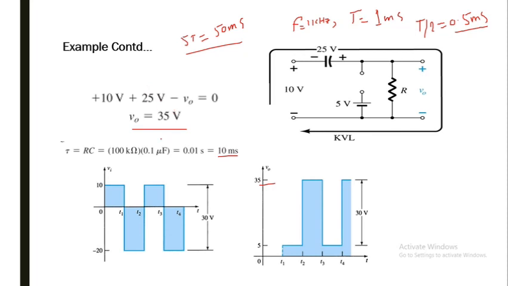So we can easily assume that output voltage is 35 volt. So for the next negative half cycle, we again have diode short circuited and output voltage will be 5 volt, and it goes on.